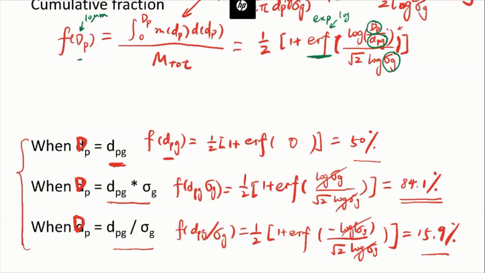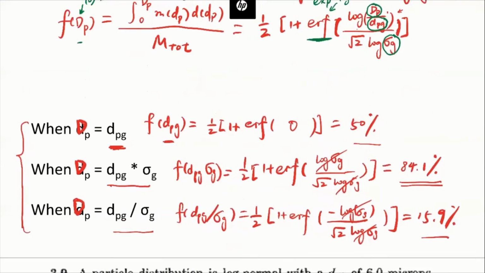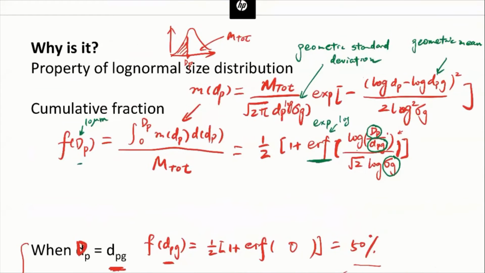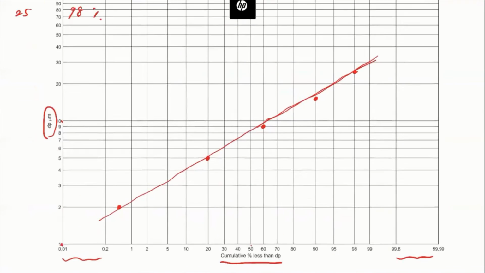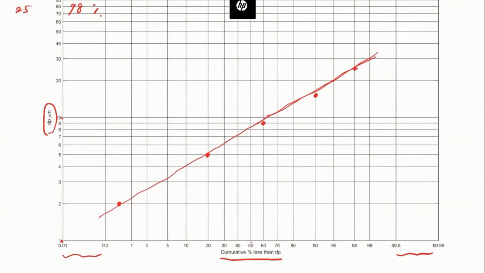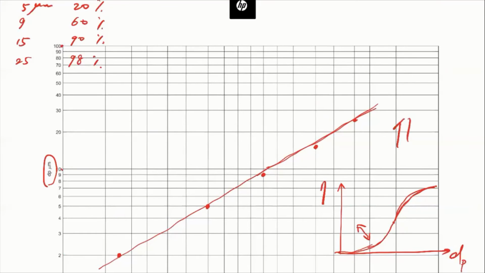Okay. So again, let's go back to why this is the case, right? Why it's going to follow a straight line here. If you recall, when we plot out the cumulative mass fraction, we had something like this. For the log normal plot, we just switch the x-axis and y-axis first.